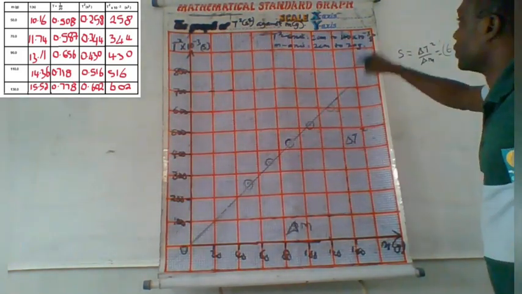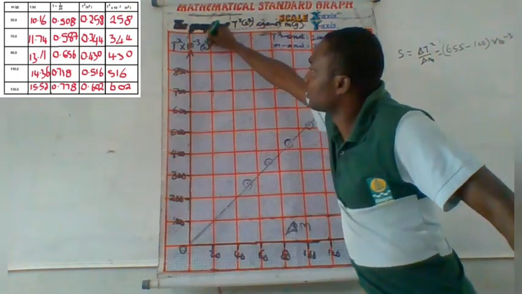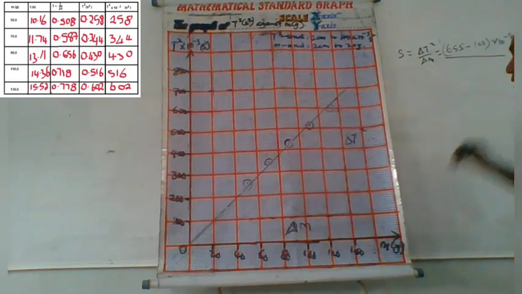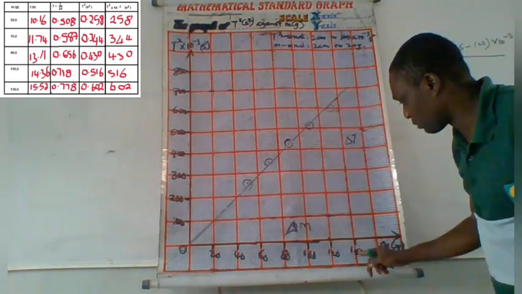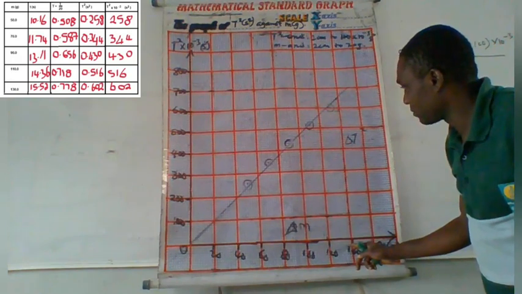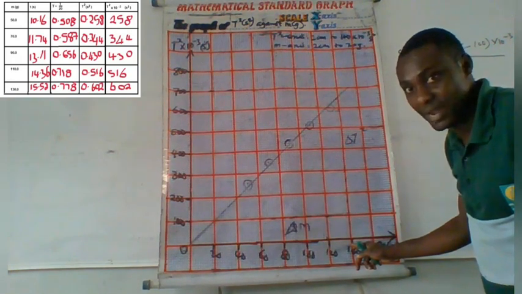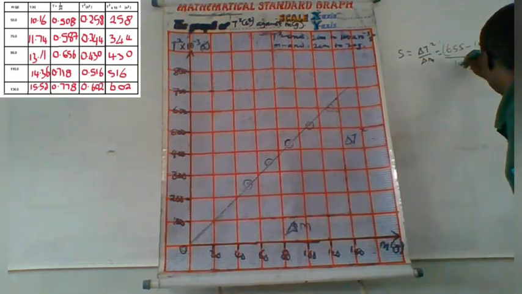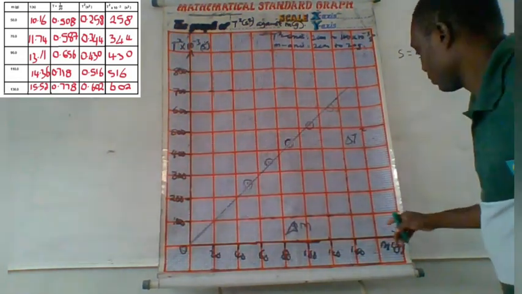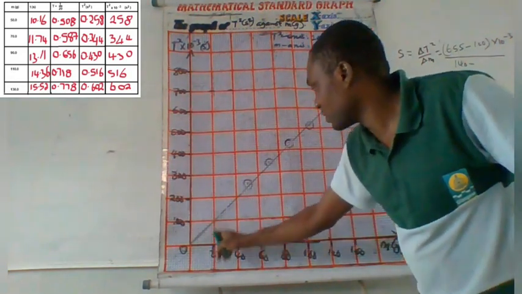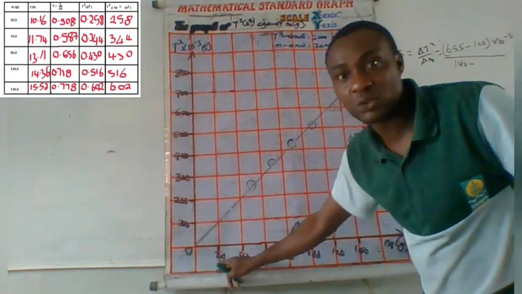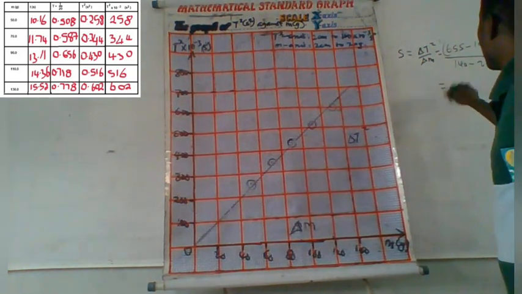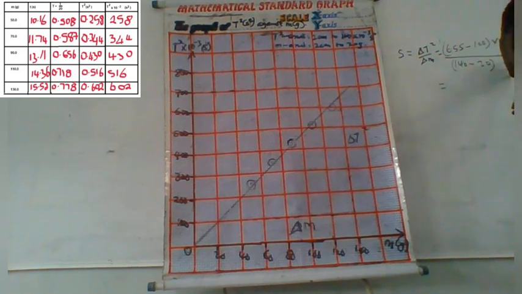I'll put the unit also. The unit is second squared, divided by... So I'll now read this value downward. This is 140, sorry, 140, minus this point here. That is 20. So I'm going to subtract this out. I'll put the unit of this, which is gram.